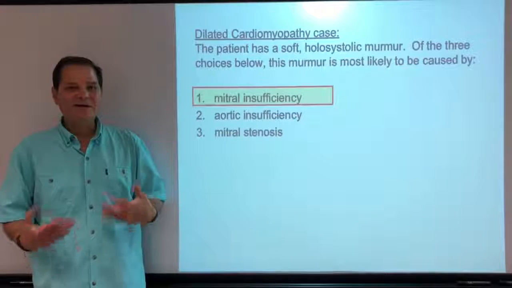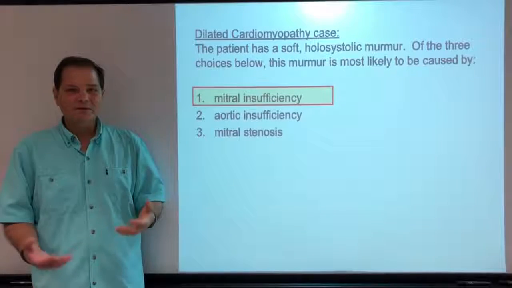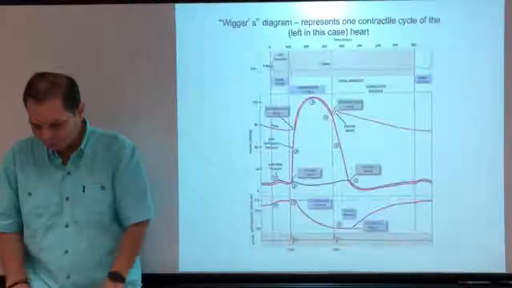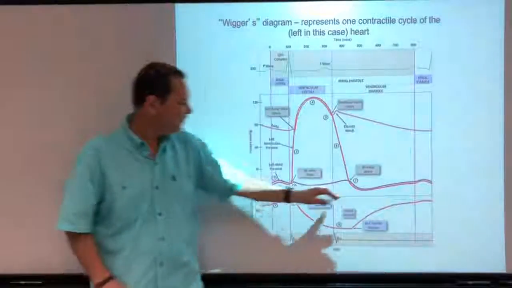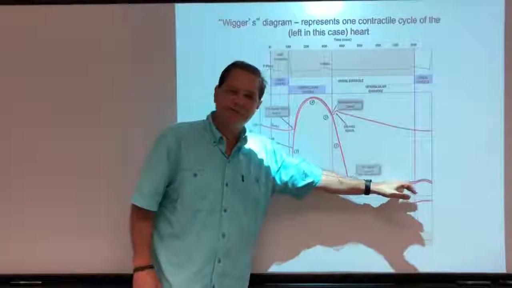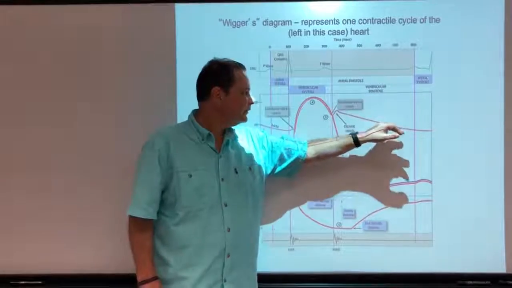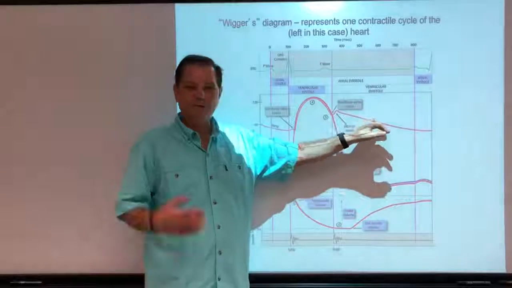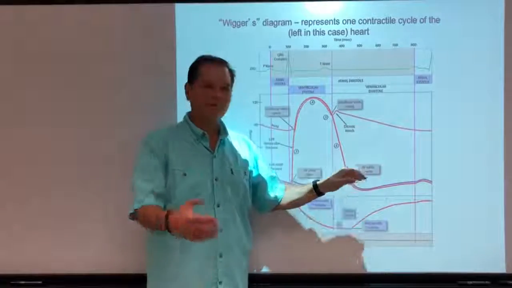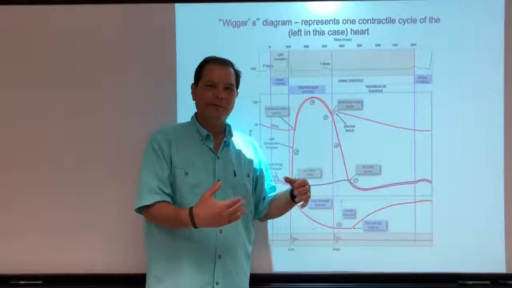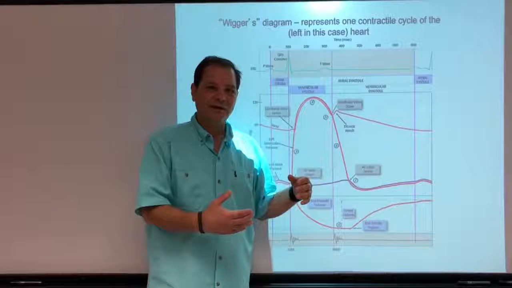Had it been a diastolic murmur during diastole, your mitral valve is open and you're filling the ventricle, your aortic valve is closed because the pressure in the aorta is high and the pressure in the ventricle is low. Blood wants to flow back from the aorta to the ventricle and it can't.